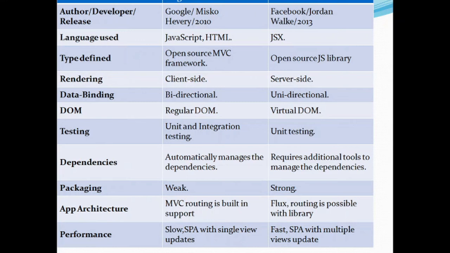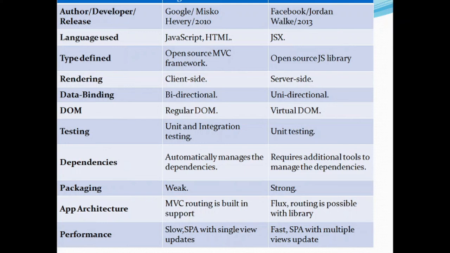React is used for both server side and client side, but Angular is preferably only for client side. In Angular, data binding can be bidirectional, whereas in React it is unidirectional. In Angular, we use the component tree structure, which is called the regular DOM, and in React, it is called the virtual DOM.